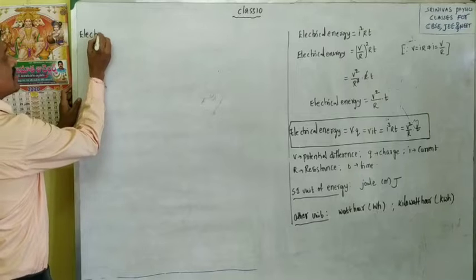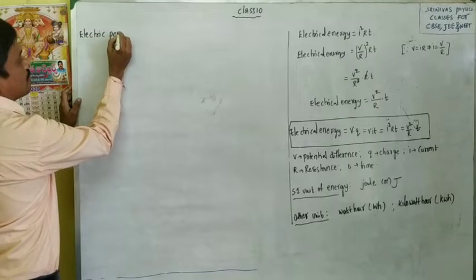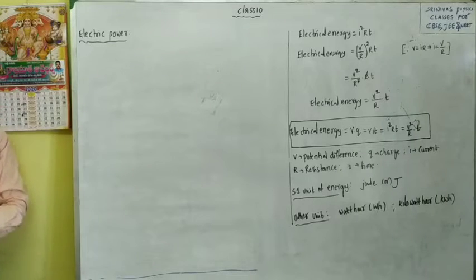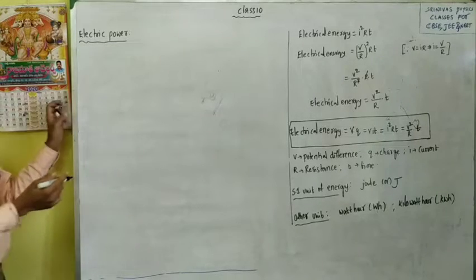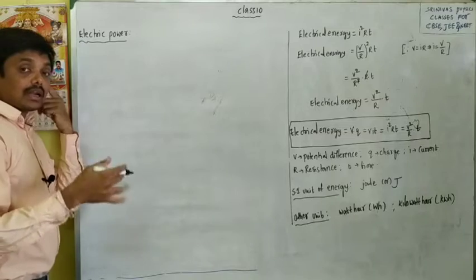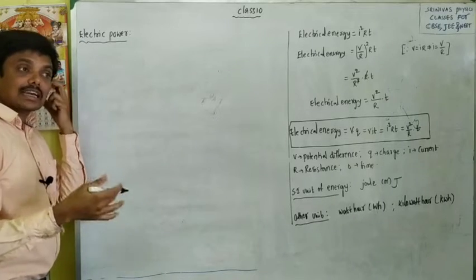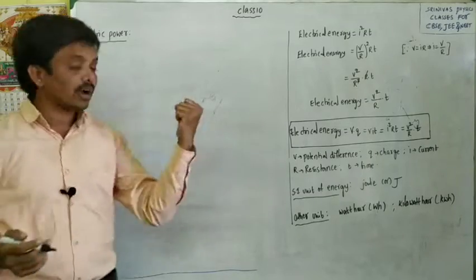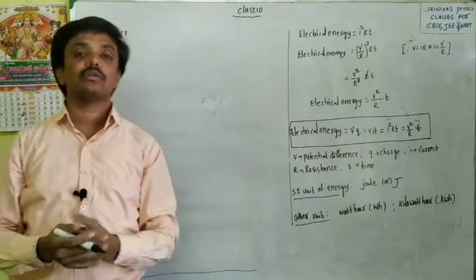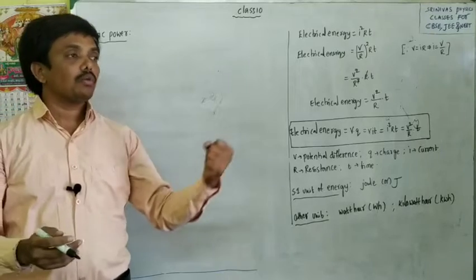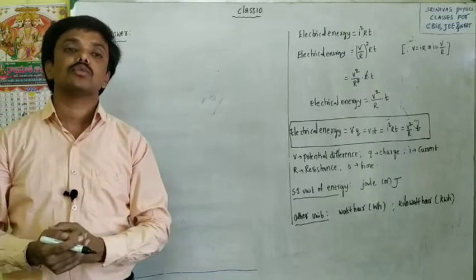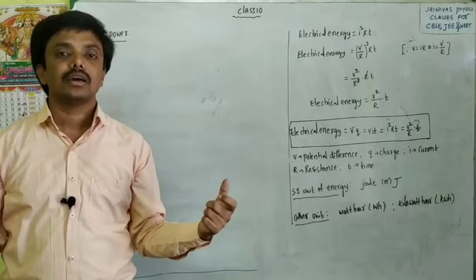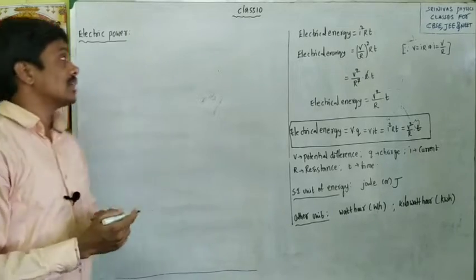Power means the rate of doing work. Power equals work by time. At what rate the work is going on, for every second how much work is done, that is called power. If you do more work in less time, then you have more power. In 1 second, how much work you are doing, that is called power.